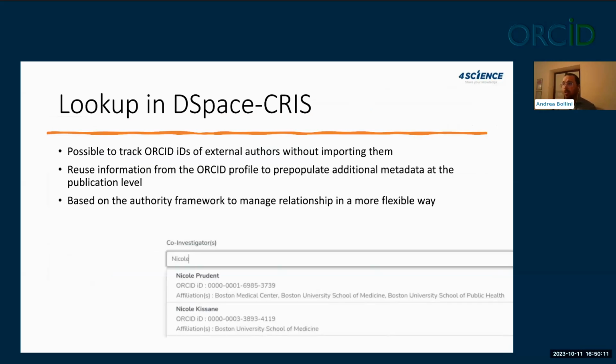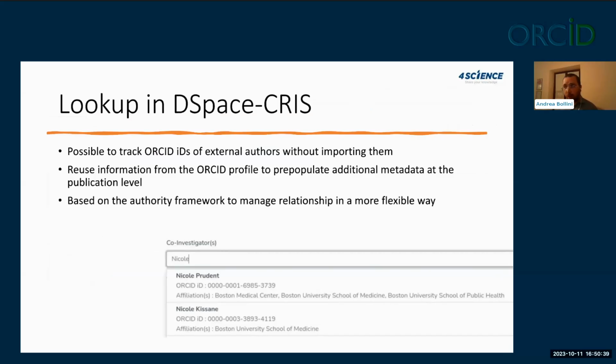Oliver also showed the lookup process in DSpace-CRIS. Keep in mind that DSpace-CRIS uses a different lookup mechanism than plain DSpace. In DSpace-CRIS, you are able to look up an external author and get a not-authenticated ORCID ID for that author, without forcing you to import this external author as a local researcher profile.